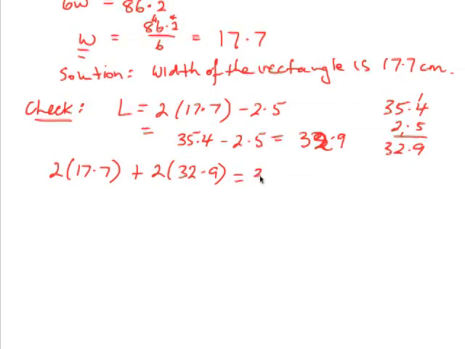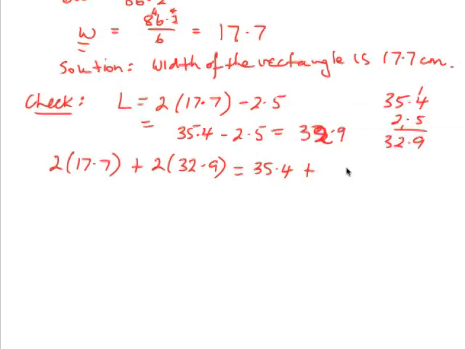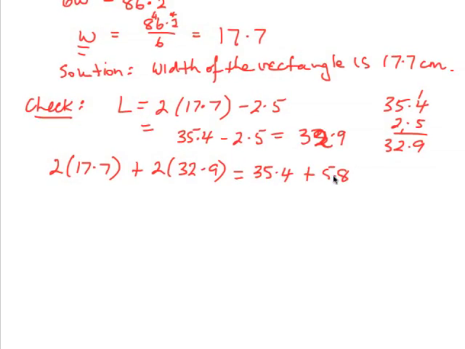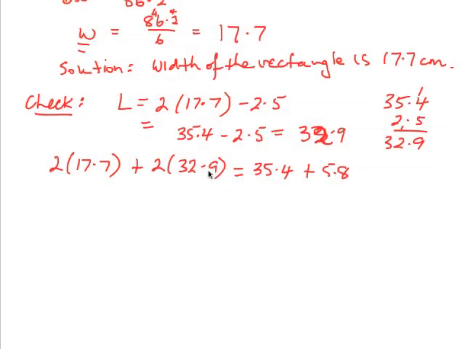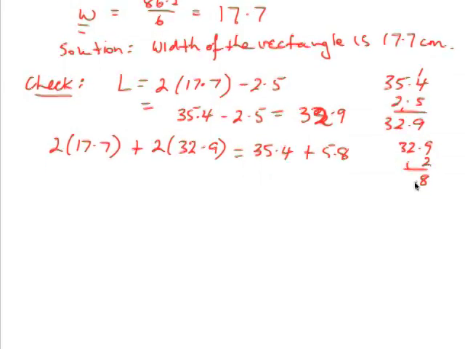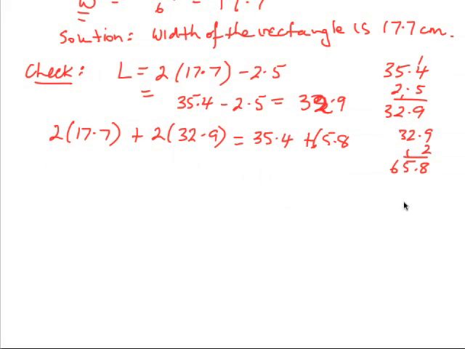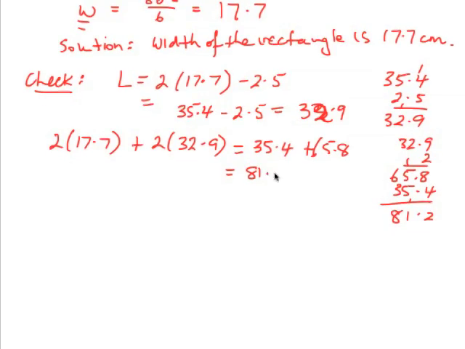What do we end up with? We end up with 35.4 plus, so 32.9 times 2, we get 65.8, and we're adding 35.4, so we end up with 81.2.